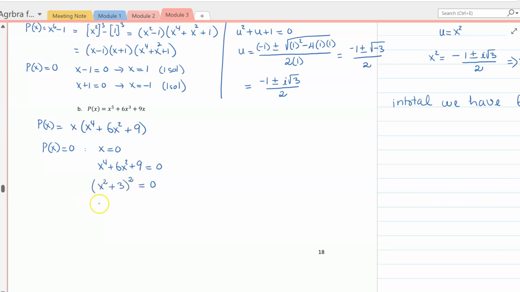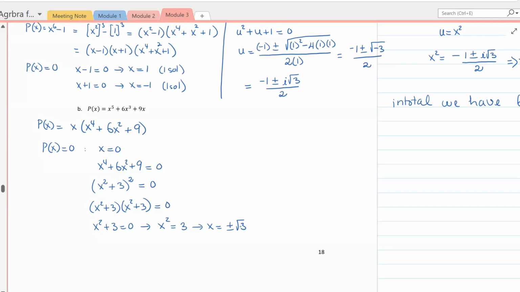So x squared plus 3 squared is x squared plus 3 times x squared plus 3, equal to 0. Then x squared plus 3 equals 0 leads to x squared equals negative 3. x equals plus or minus i root 3.